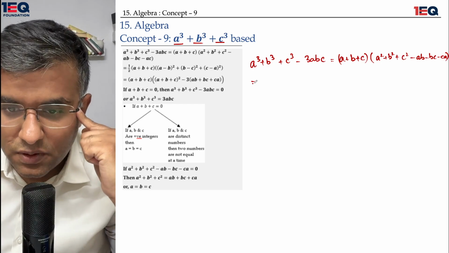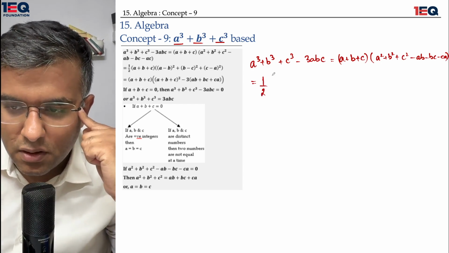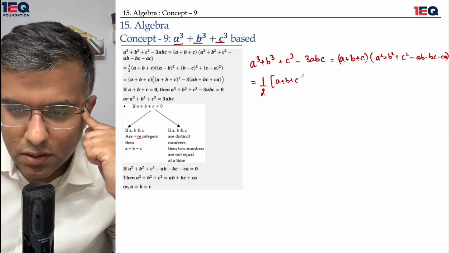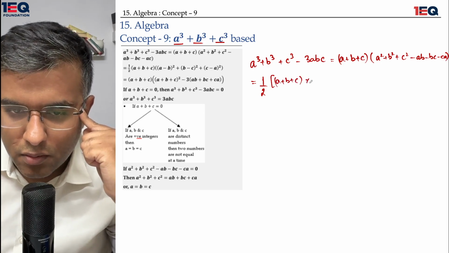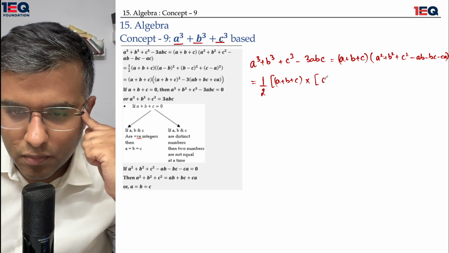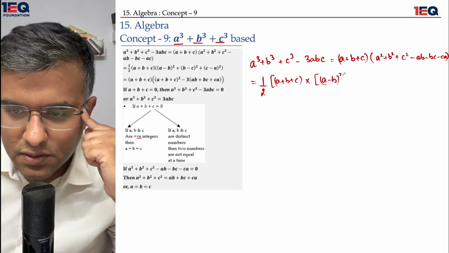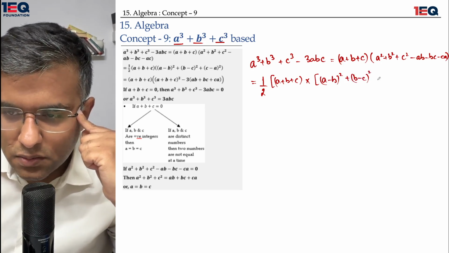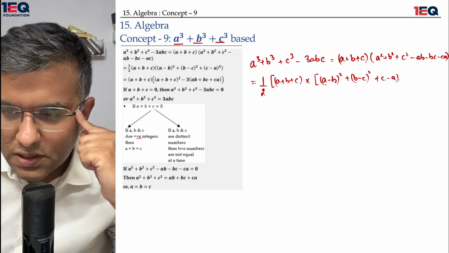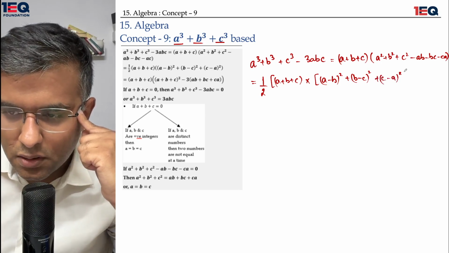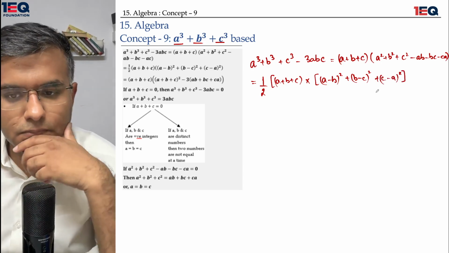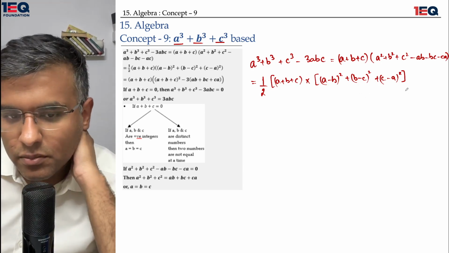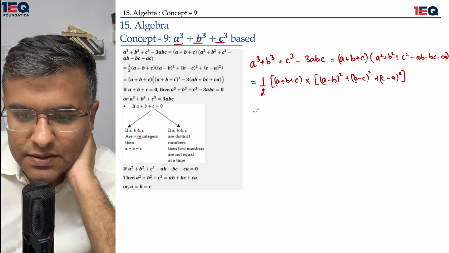This thing is also equal to half (a plus b plus c) multiplied by ((a minus b) square plus (b minus c) square plus (c minus a) square). Okay, so that is in place.